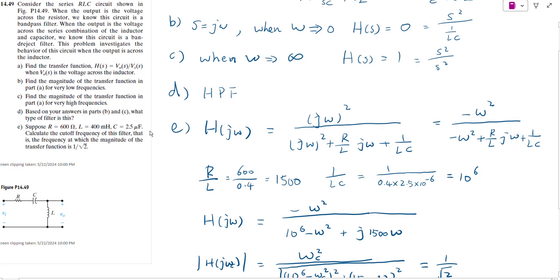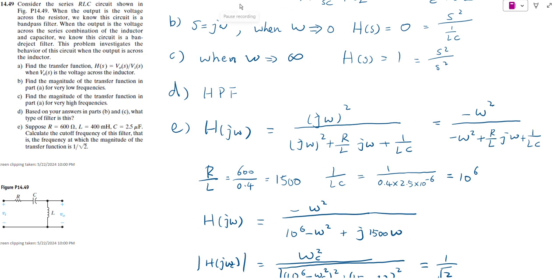So for E, suppose we know the values for all three components, calculate the cutoff frequency of this filter, that is the frequency at which the magnitude of the transfer function is 1 over root 2. Okay, so again, we take the transfer function, replace s with j omega, and keep working on this, so everything is in terms of omega.